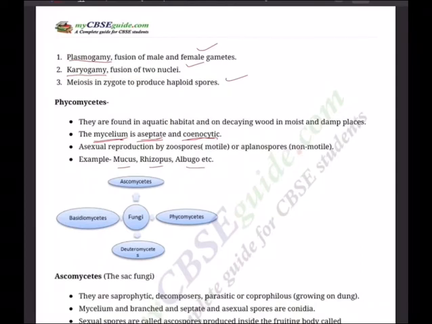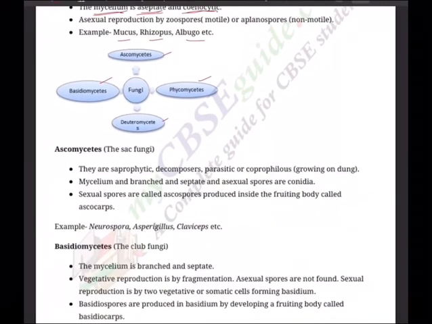So we are into the kingdom Fungi. Kingdom Fungi is divisible into ascomycetes, phycomycetes, deuteromycetes, and basidiomycetes. In ascomycetes, moving ahead, it's called sac fungi. Again, a technical word you must remember, ascomycetes.